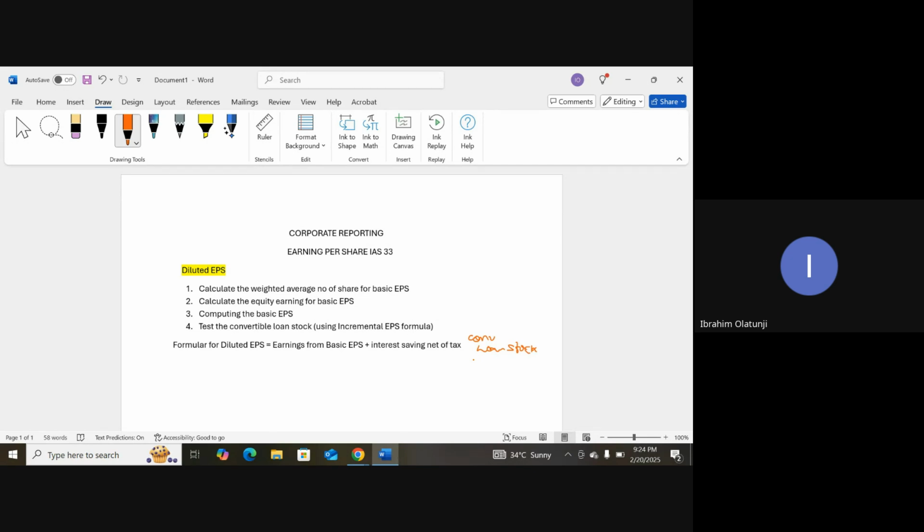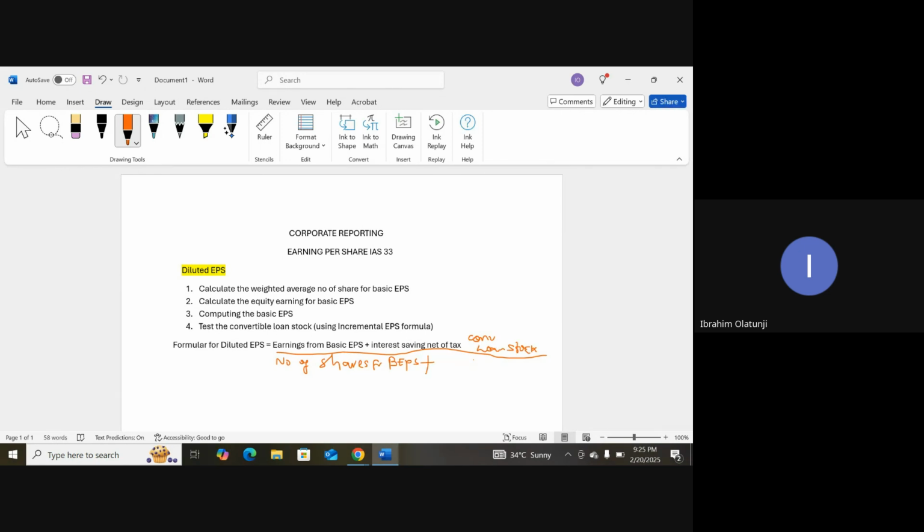So you now divide it with the number of shares. That number of shares will be number of what? Shares for basic EPS, plus.